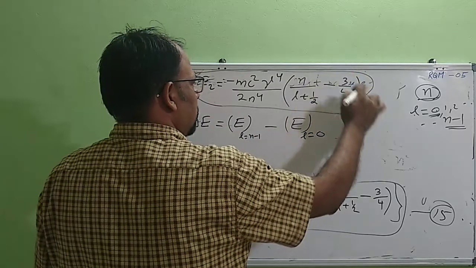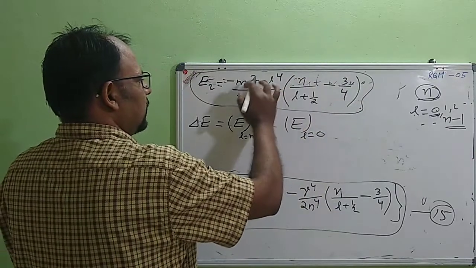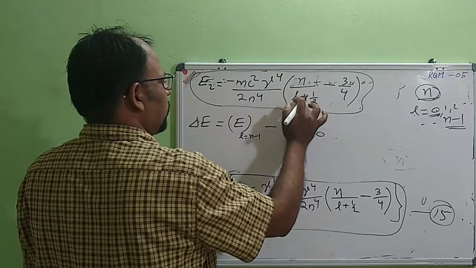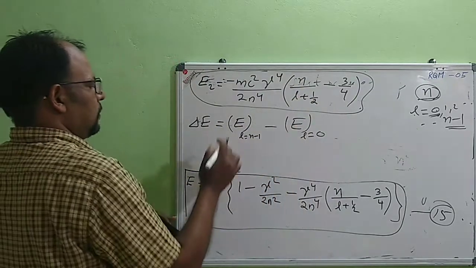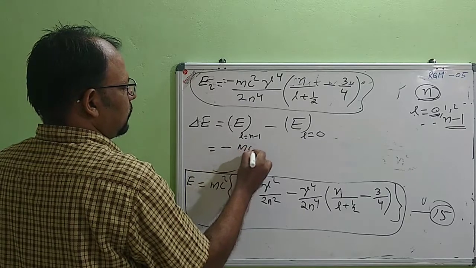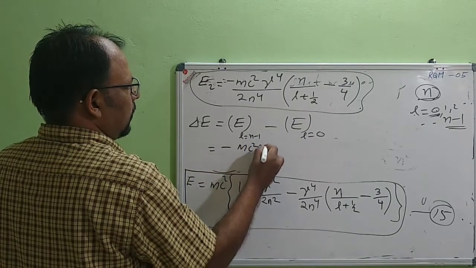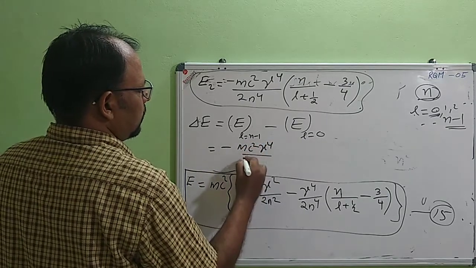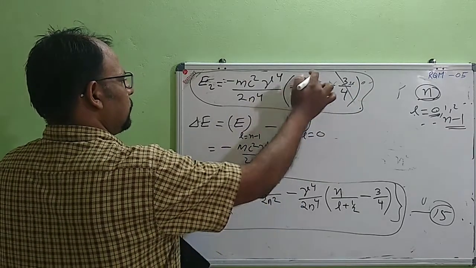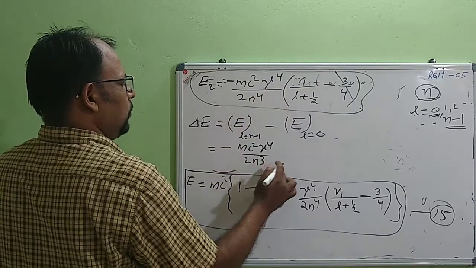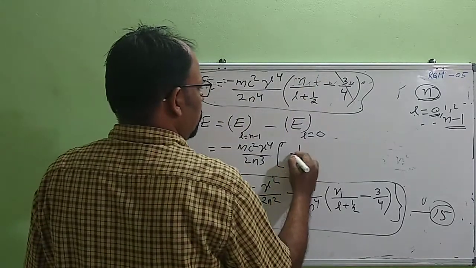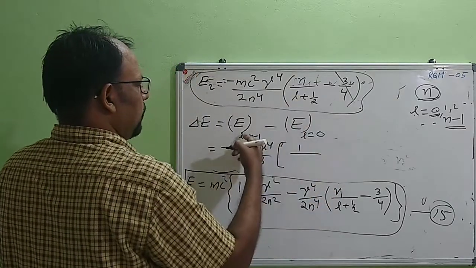So take the difference of E2 for L equal to n minus 1 and 0. The minus 3 by 4 also will be the same. So we take only this term, minus m c squared gamma to the power 4 by 2 n to the power 4 into n by L plus half, or we can write the difference as minus m c squared gamma to the power 4 by 2 n cubed into 1 by L plus 1 by 2.